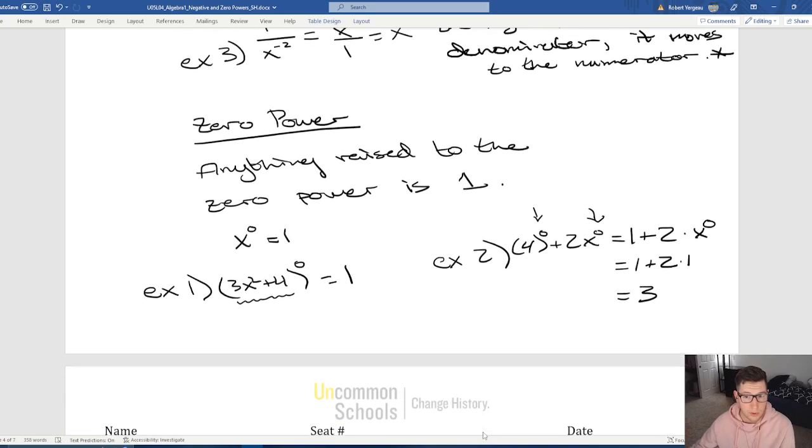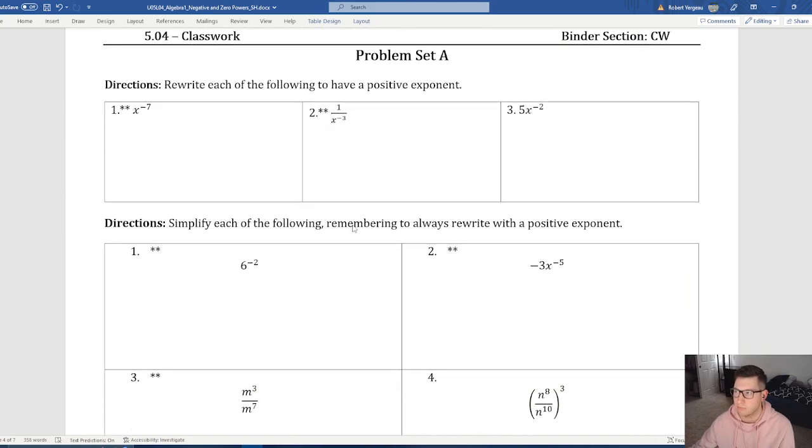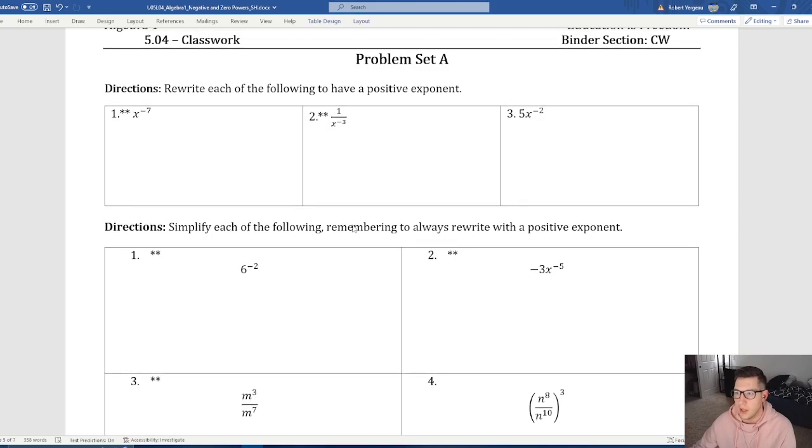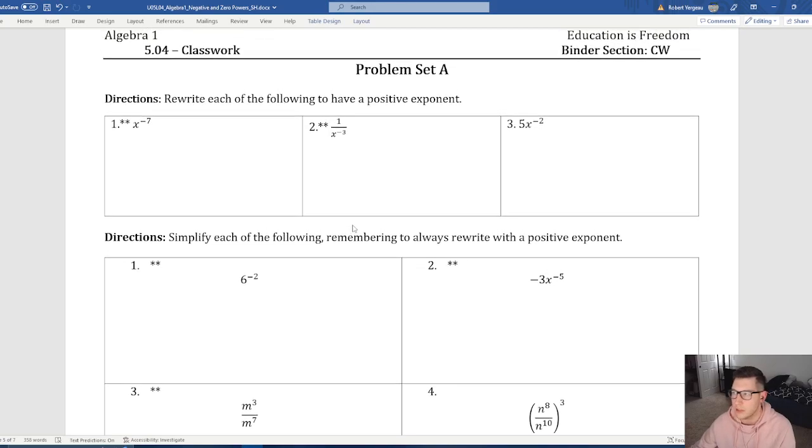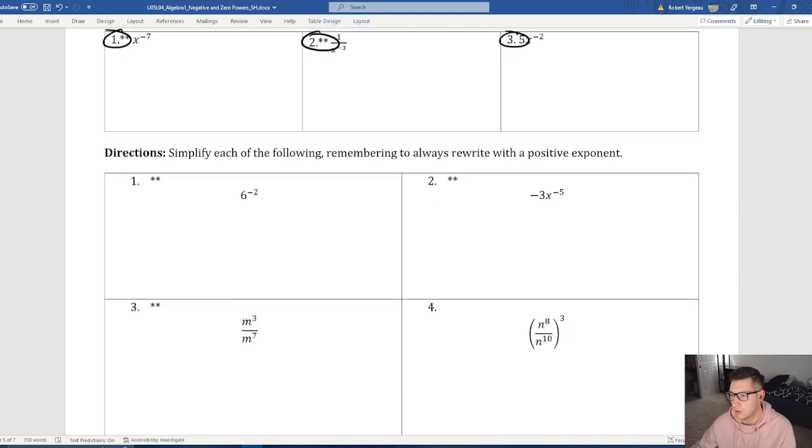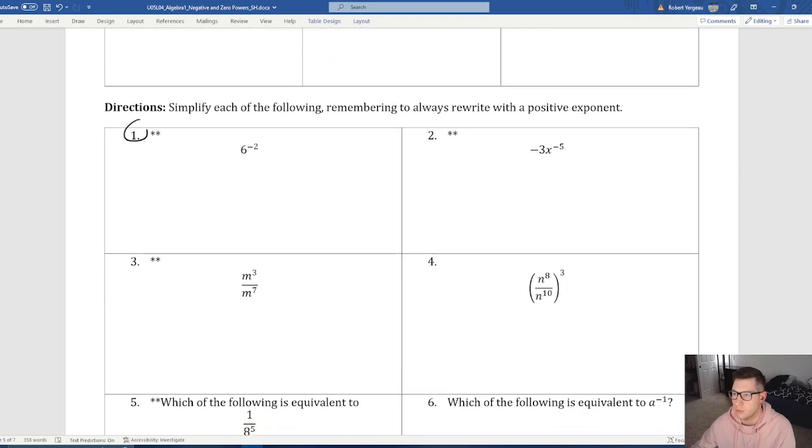All right, so hopefully you've got all that. And so now we're going to take a look at problem set A, as we usually do. In problem set A, I would like you to please work on 1, 2, 3, and then we're going to come down and we're going to go 1, 2, and 4.